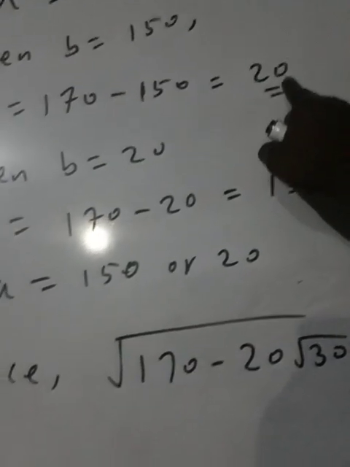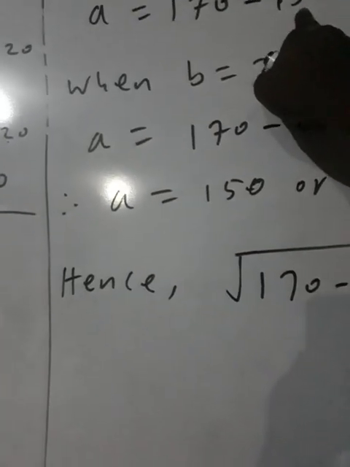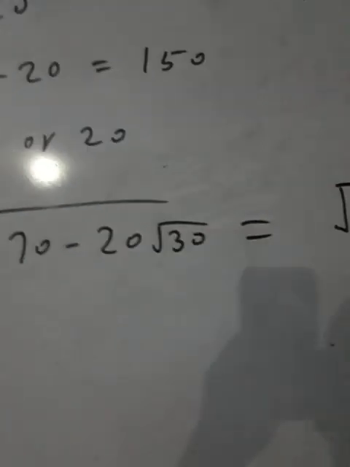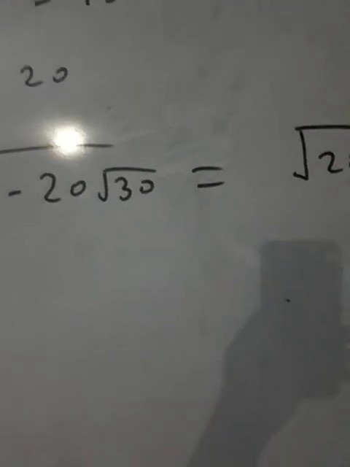Yes, we are correct. a is 20 when b is 150, so root 20 minus root 150.